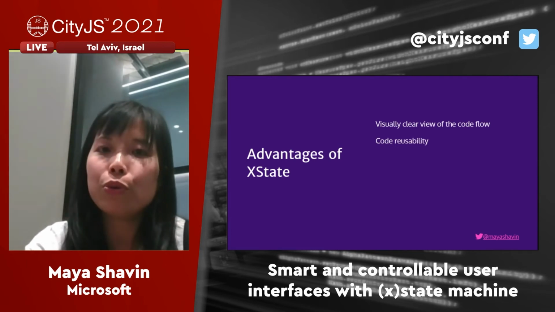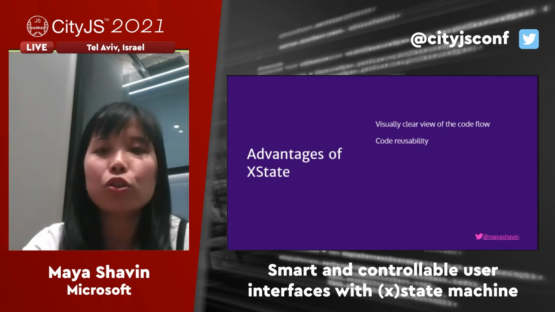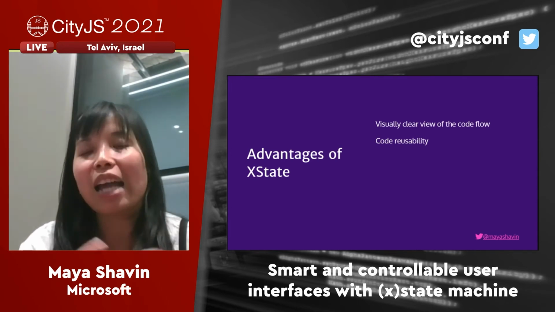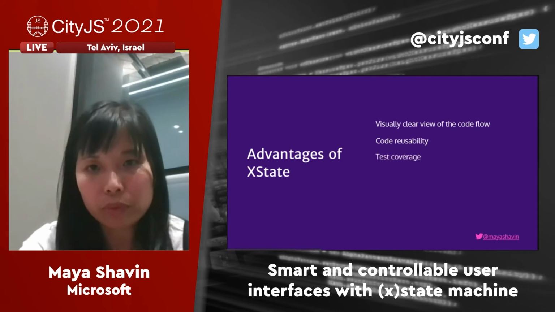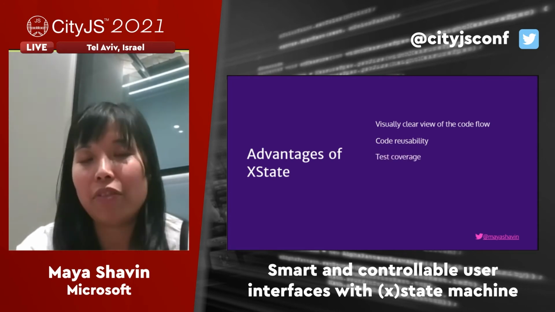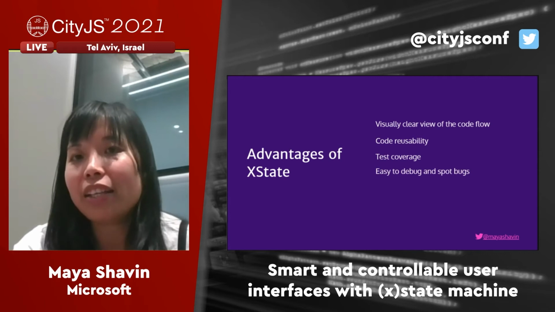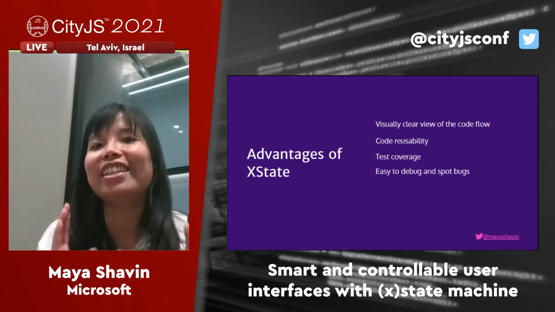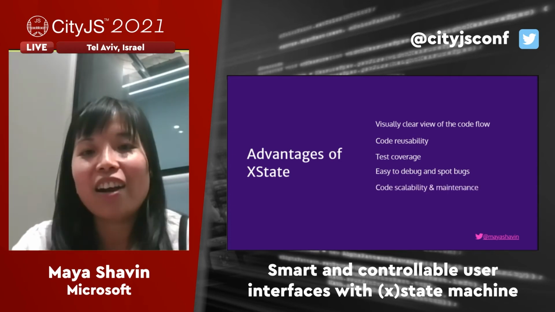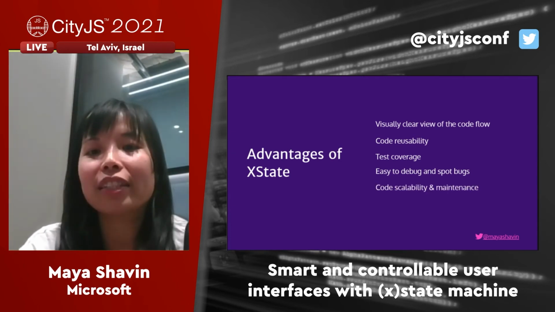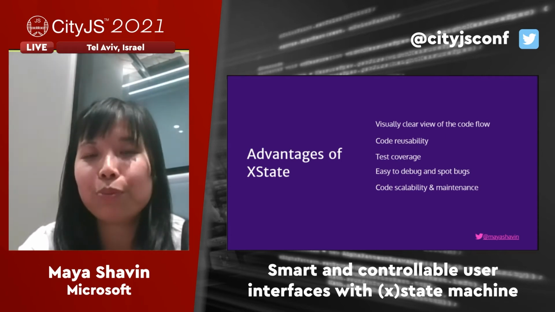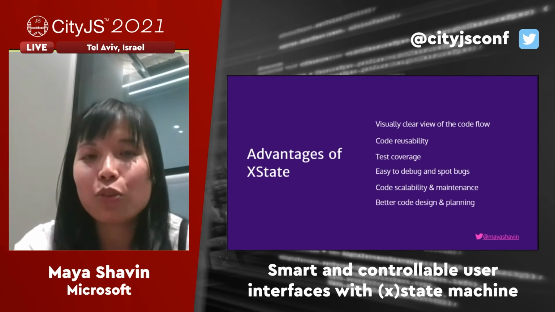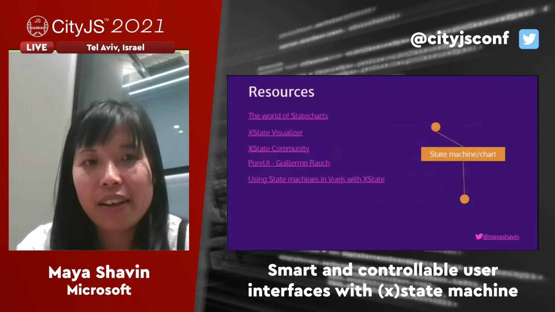And you can also reuse the code of the machine in different machines because everything is very isolated and very scalable. And because of this, you can have better code coverage. And it's easy to debug and very easy to spot bugs because it's a machine. You can really see it straightforwardly. And also, like I said before, scalability and maintenance is super, super simple. And because of this, it gives you a chance to have better code design and planning.